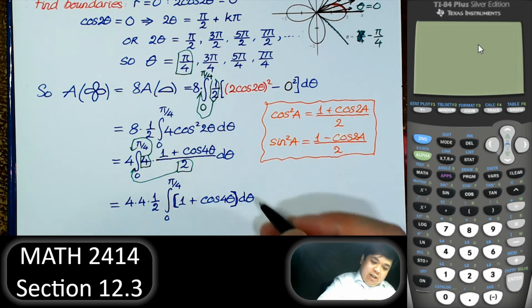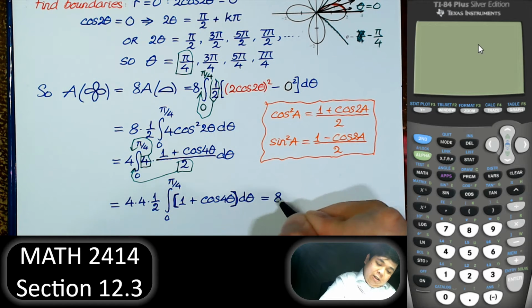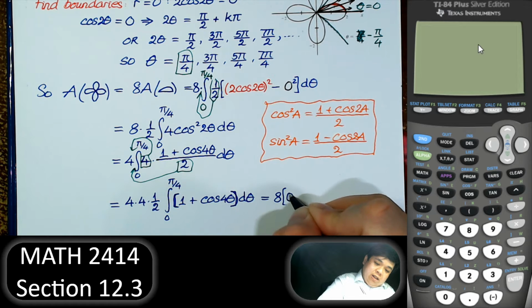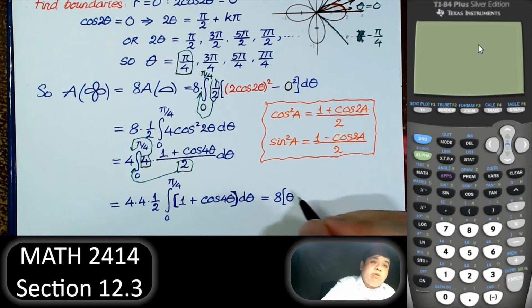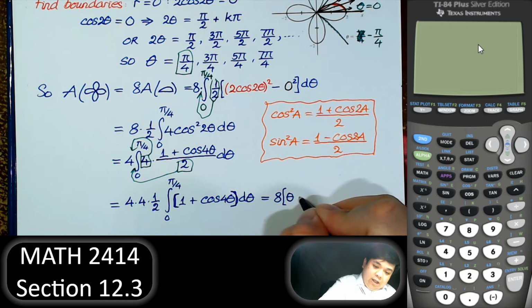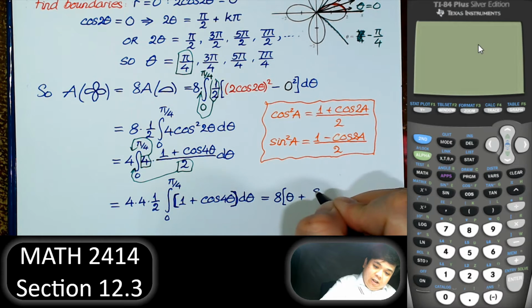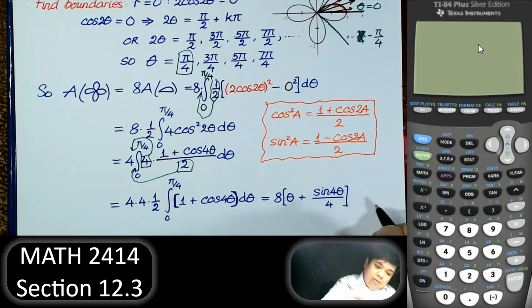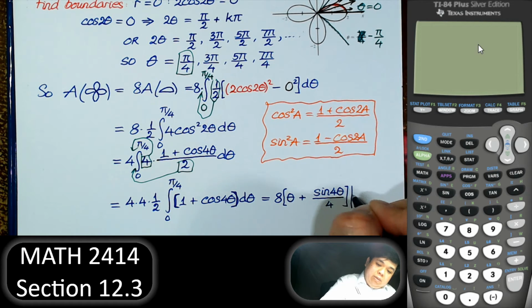That's 8. Now integral of 1 is theta, integral cosine of 4 theta is going to be sine of 4 theta over 4, limit from 0 to pi over 4.